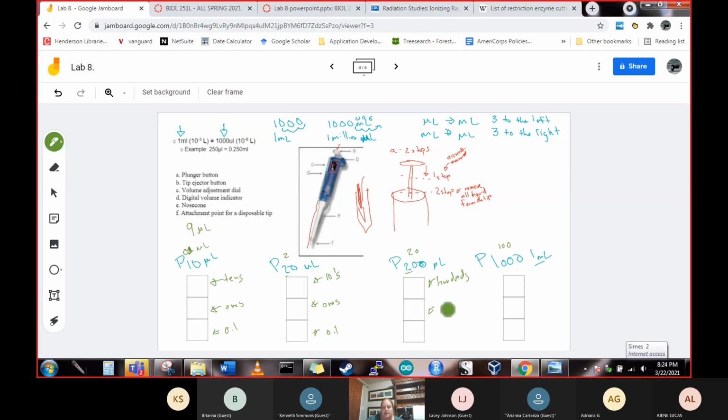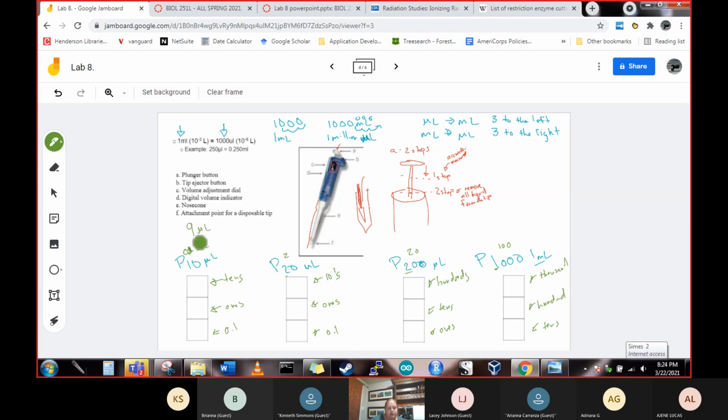This would be your tens, and this would be your ones. And then for a P1000, the highest decimal point is your thousands. So this would be your 1,000. This would be your 100. And this would be your tens. So depending upon the type of pipetter that you have, each of these boxes indicates a different level.